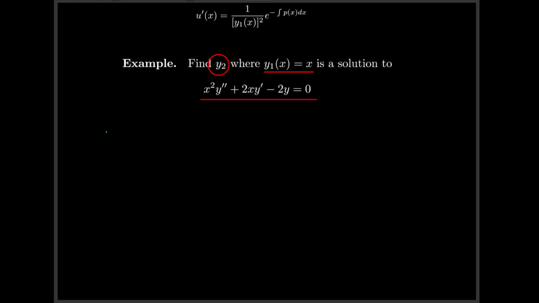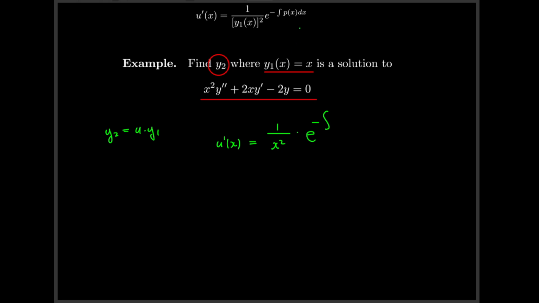Firstly, we know that y2 is going to be of the form u times y1. And now we can use our formula to say that u prime of x is going to be equal to 1 over y1 of x squared. But y1 of x is x, so this is just x squared. And then we multiply this by e to the negative, the integral of p of x.